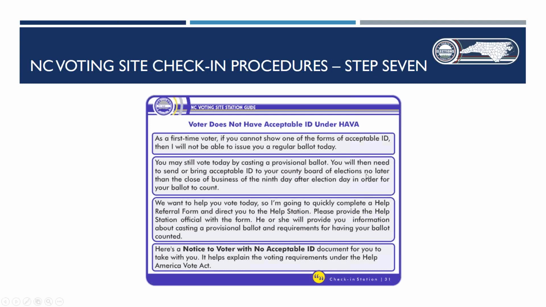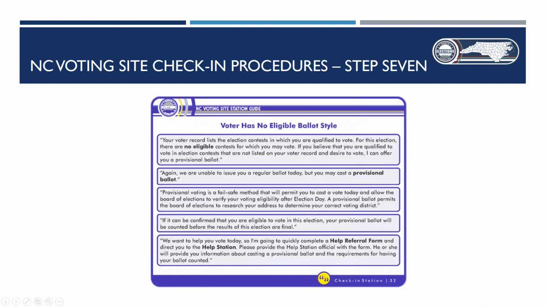At any rate, it's the close of business the 9th day after Election Day. So if the voter has no eligible ballot style, once again, they can cast a provisional ballot, and you would refer them to the help station. Yeah, and these are just various statements you can use, preferred language.